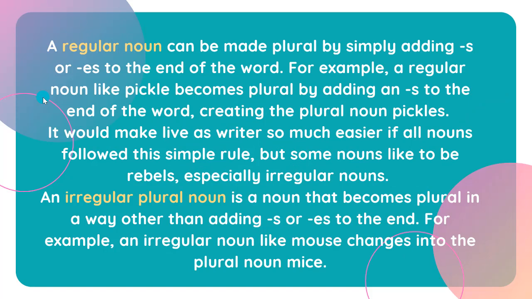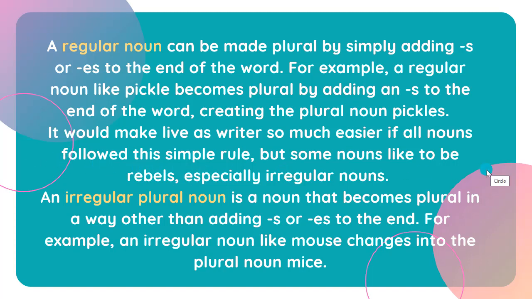Okay, so a regular noun can be made plural by simply adding s, right? Or es to the end of the word. For example, a regular noun like pickle becomes plural by adding s to the end of the word, creating the plural noun pickles. It would make life as a writer so much easier if all nouns followed this simple rule.